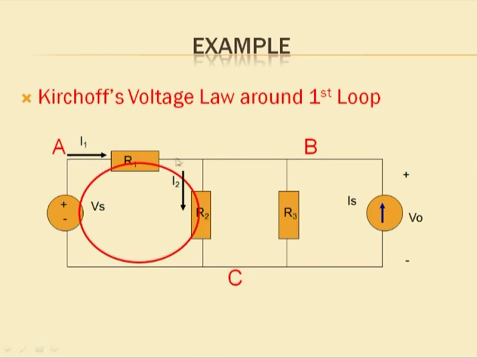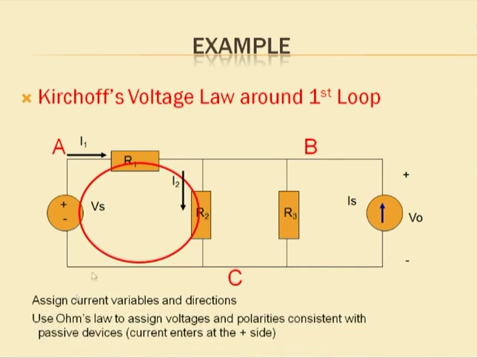If I am moving from A to B, then according to Ohm's law, V equals I into R, and hence the voltage drop across the resistance R1 is I1 into R1. This I1 R1 I am considering as positive. First of all, I am assigning the direction of the current. Let the current flow from positive to negative, from the source to the branch.